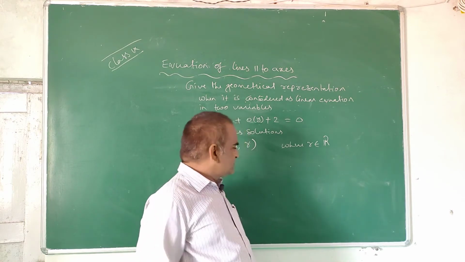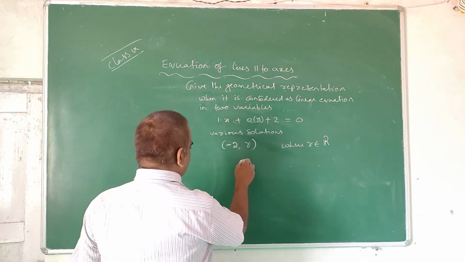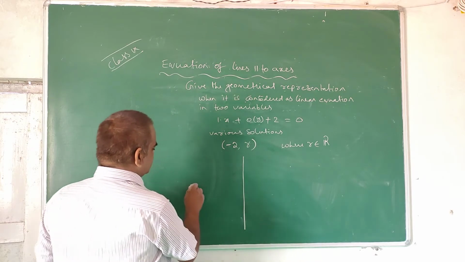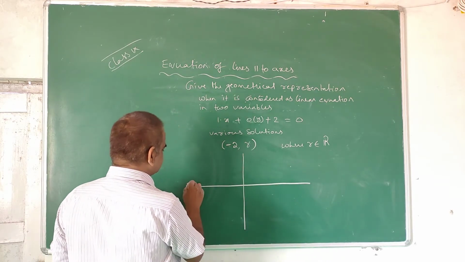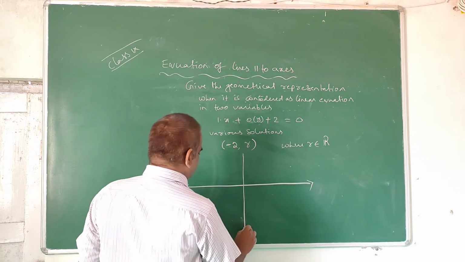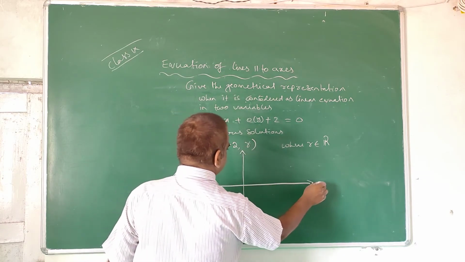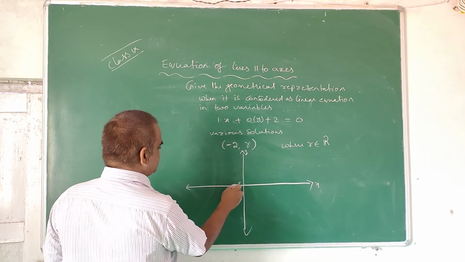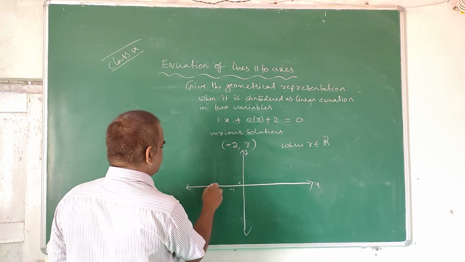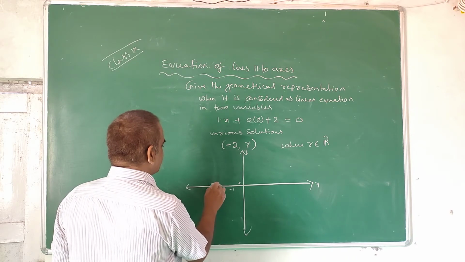Are you following? So if you draw the graph of this linear equation, the graph can be easily seen here. See here. So this is somewhat minus 1, this is somewhat minus 2. So this is (-2, 0).